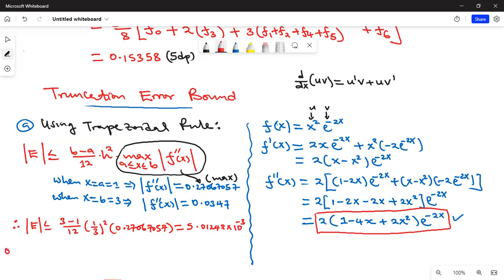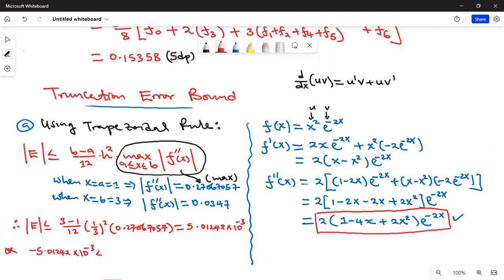It simply means that our error ranges between negative 5.01242 times 10 raised to negative 3.